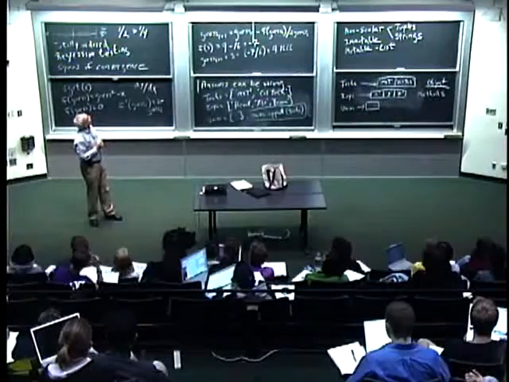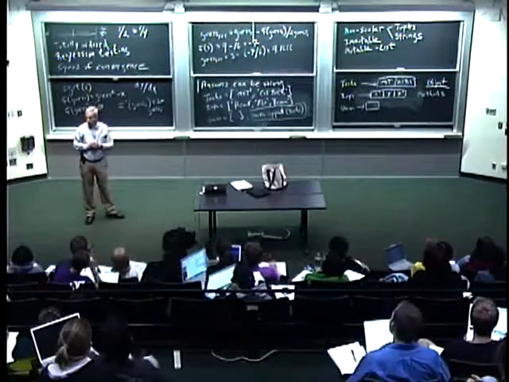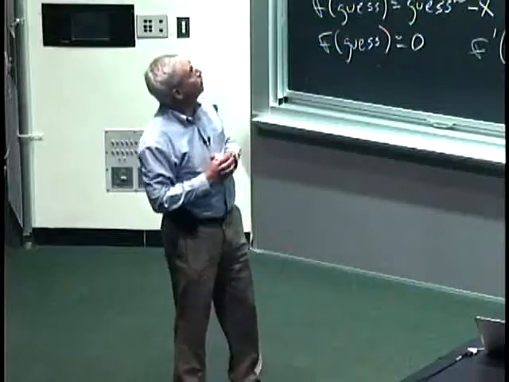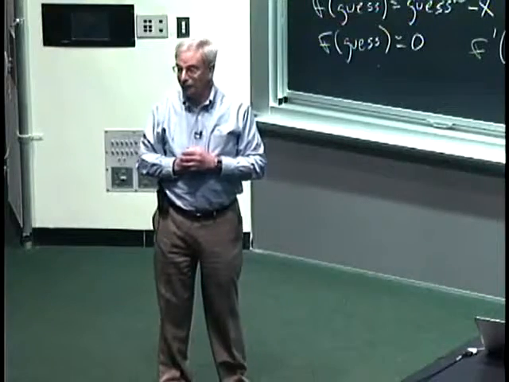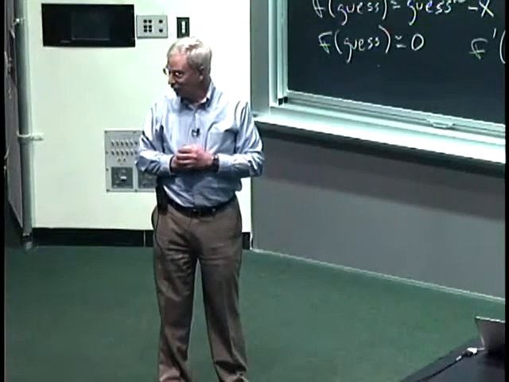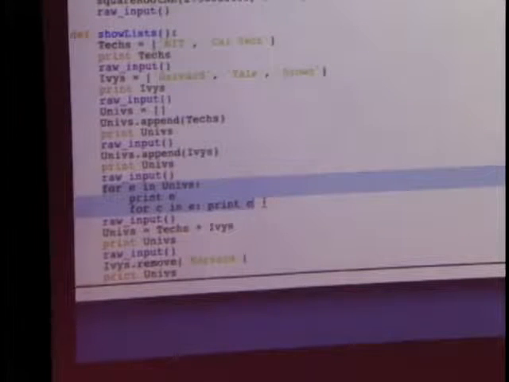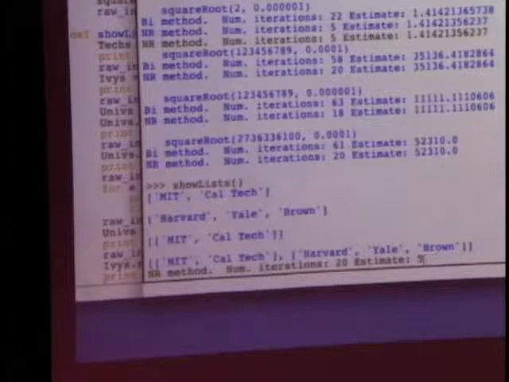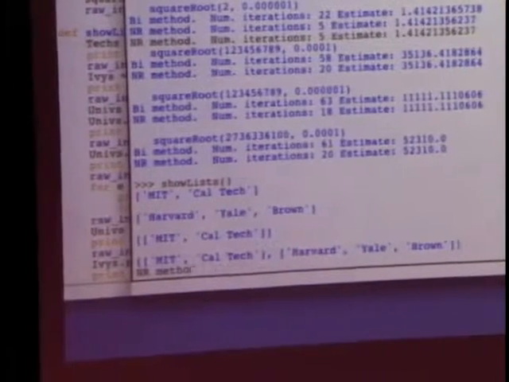And so we're just going to take the list called unevs and iterate over it. So the first thing we'll do is we'll print the element. In this case, it will be a list, right? Because it's a list with two lists in it. Then the next thing in the loop, we're going to enter a nested loop and say for every college in the list e, we're going to print the name of the college. So now if we look at what we get, do not want to try and execute that.